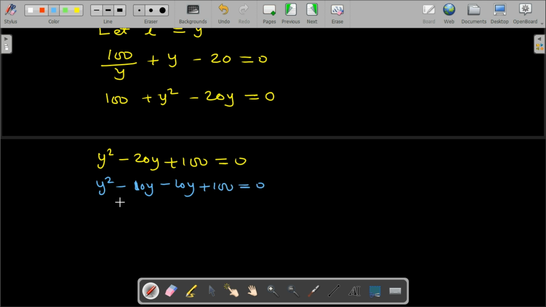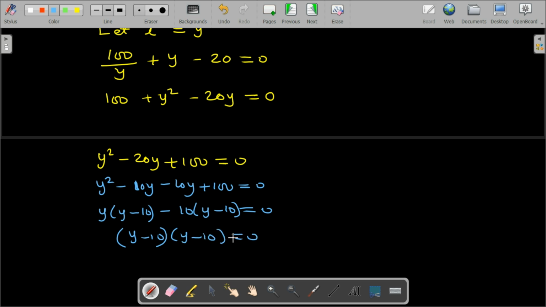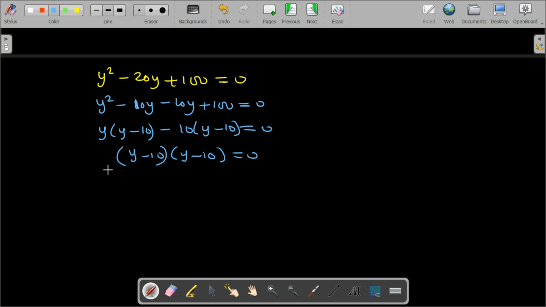If you pair them, you have y into bracket y minus 10, and 10 into bracket y minus 10 equals to 0. So this results in y minus 10, y minus 10 equals to 0, which gives us y equals 10.